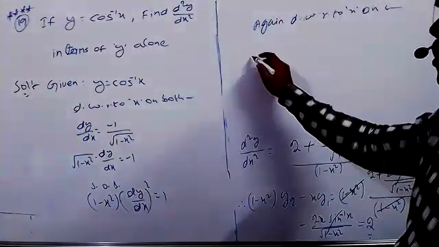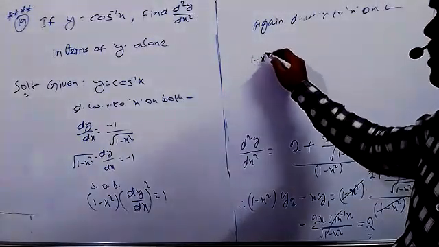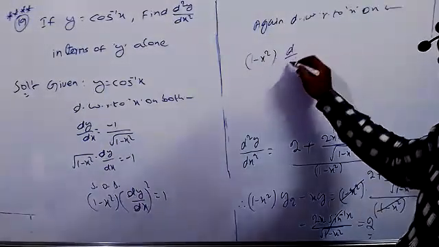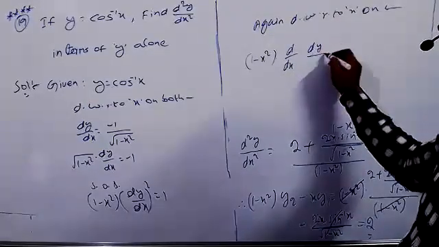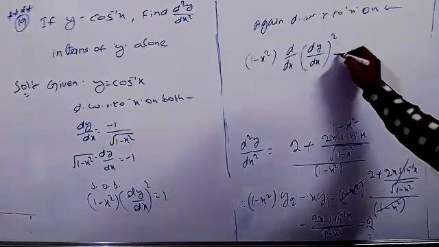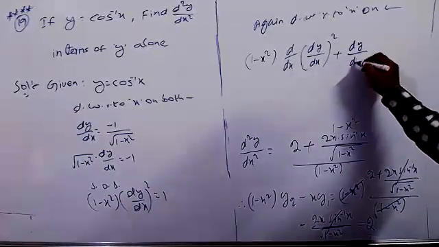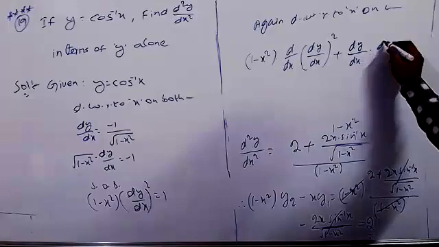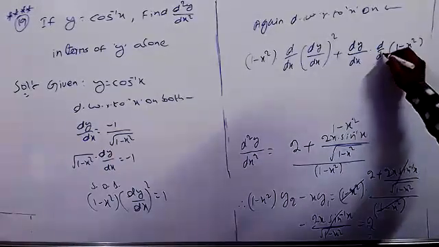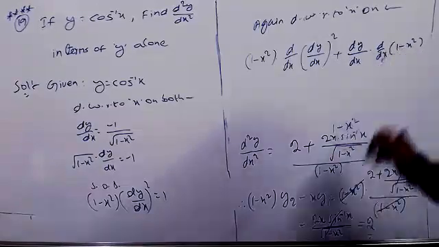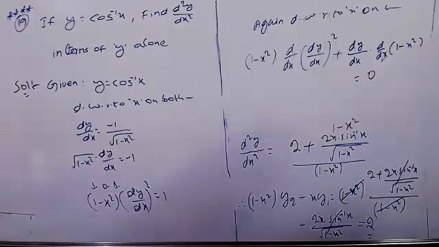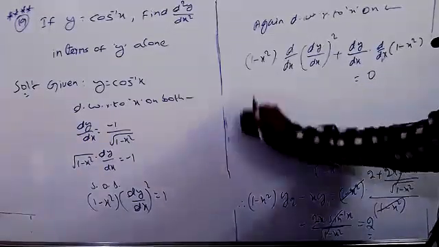So 1 minus x square into d by dx of dy by dx whole square plus dy by dx whole square into d by dx of 1 minus x square equal to d by dx of 1, equal to 0. The differentiation of a constant is always 0.